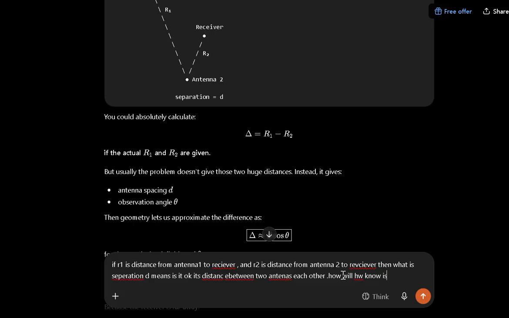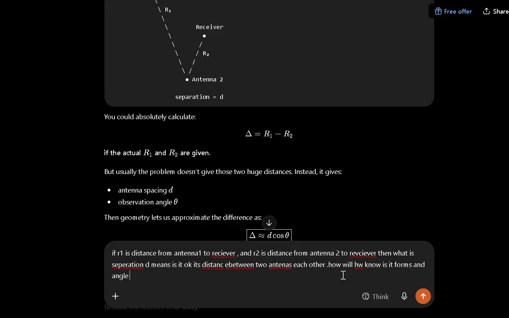Do the three points form an angle, like an acute angle or something?